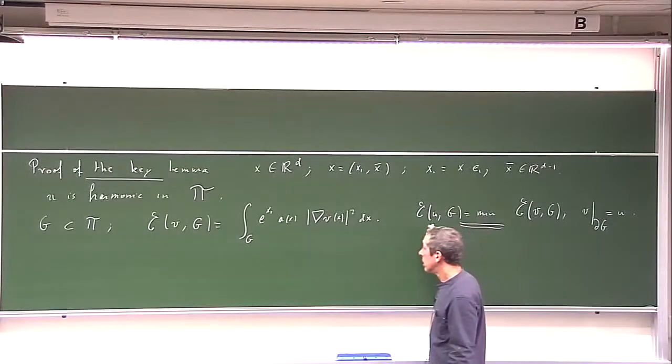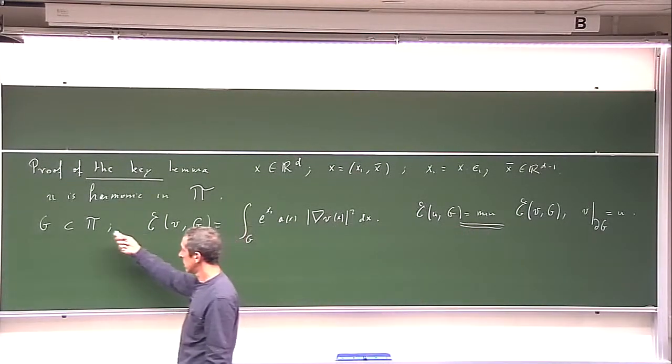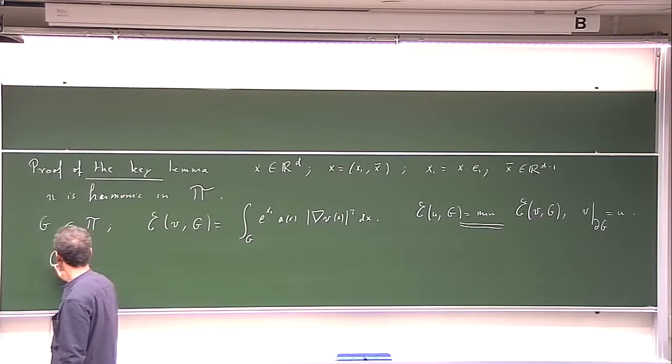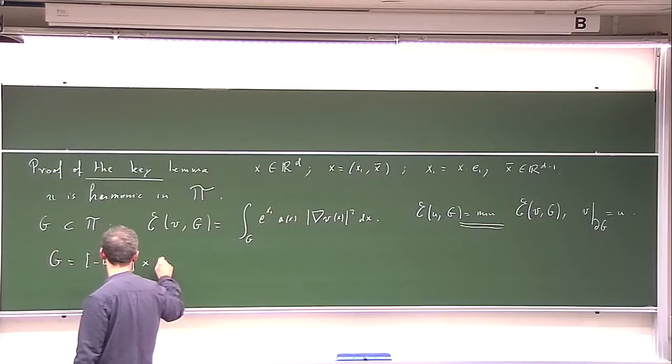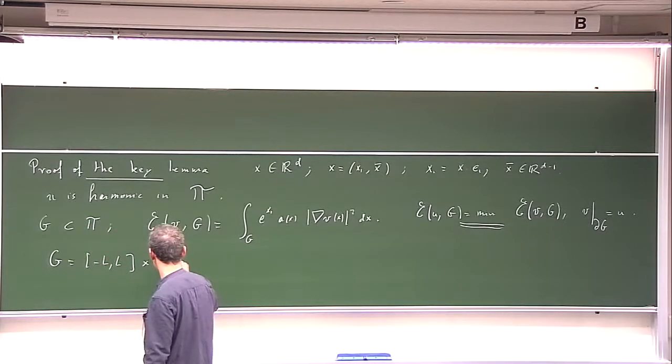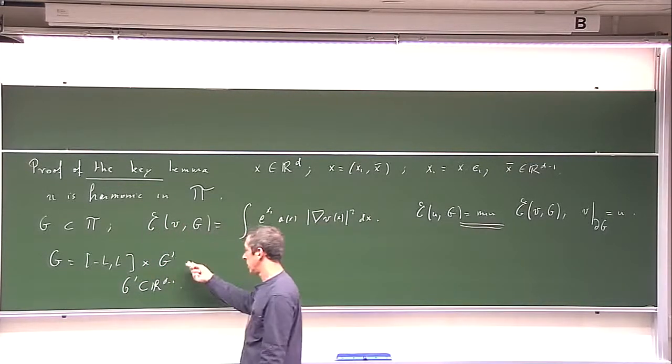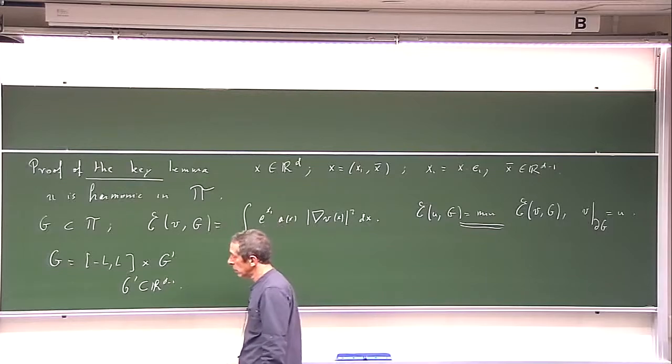And now we will apply that to subsets of pi of the form minus L, L cross some subset G prime, where G prime is a subset of Rd minus 1. And then in that case, we have 3 parts in the boundary.